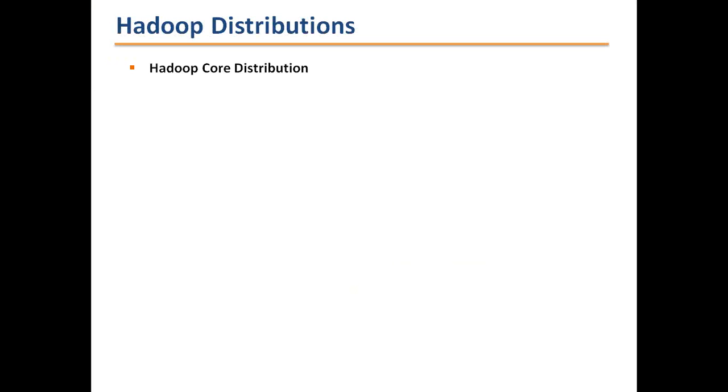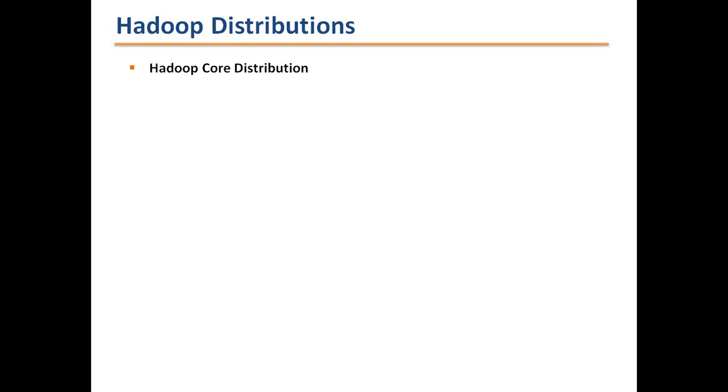First thing is the core distribution. In this core distribution, whatever tools are available in the ecosystem are all open source, and we can install and do everything manually, and we can form an n number of machines cluster using the Hadoop core distribution. But the main thing is that monitoring, installation, and configuration we need to do manually.